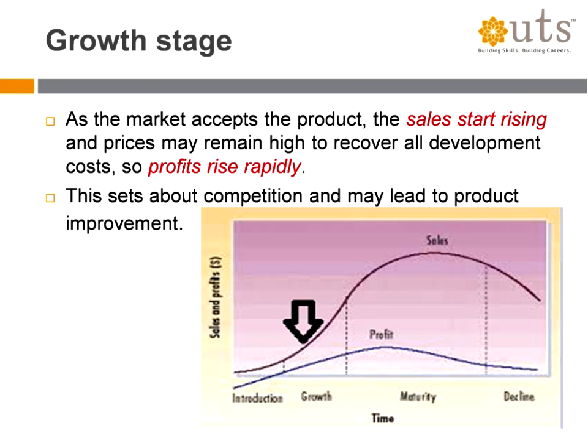Now let us come to the second stage, that is the growth stage. You can see just after the introduction, the stage marked by a black arrow is the growth stage. What happens here? The sales start rising. As you have seen in introduction, the sales start rising, but very slowly.